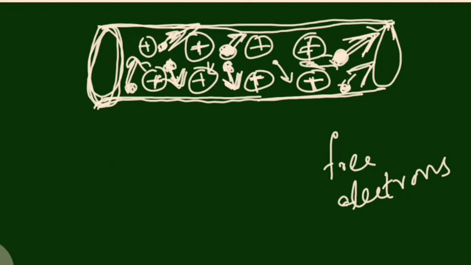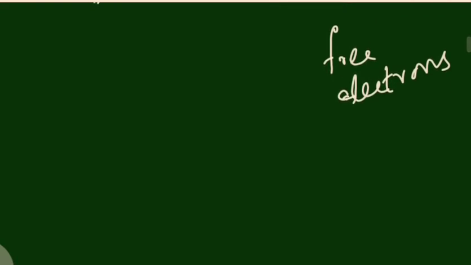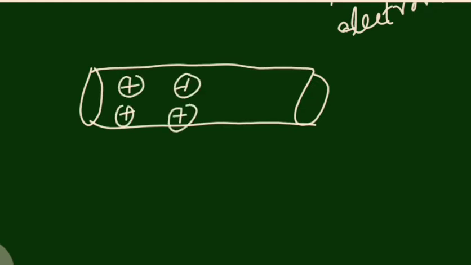Now let us see what will happen when we give a connection to a cell. That is, I am going to connect the same conductor to a cell. So we have the conductor here. As indicated earlier, we have the positive charges which are fixed at their position, and we have the electrons.